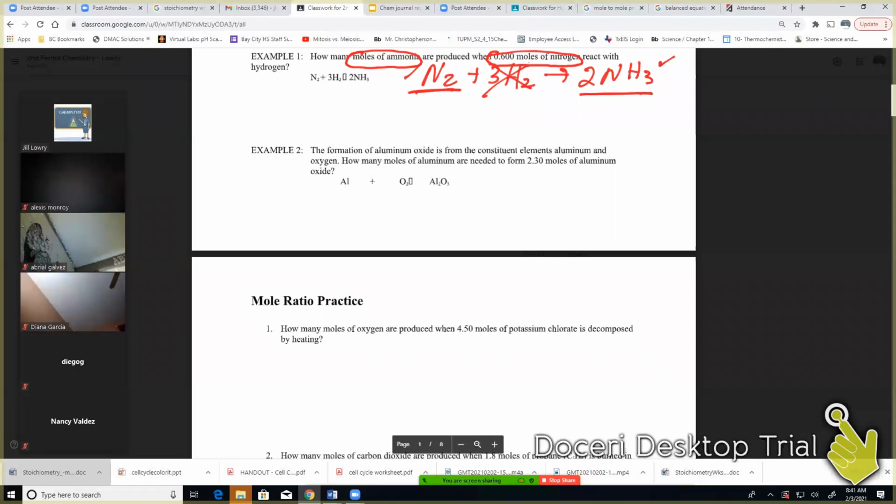My given is in moles, is 0.600 moles, and my unknown is in moles. So this is just going to be 2 steps. So I'm going to go ahead and get myself all set up. Start with my given, which was 0.600 moles of nitrogen.